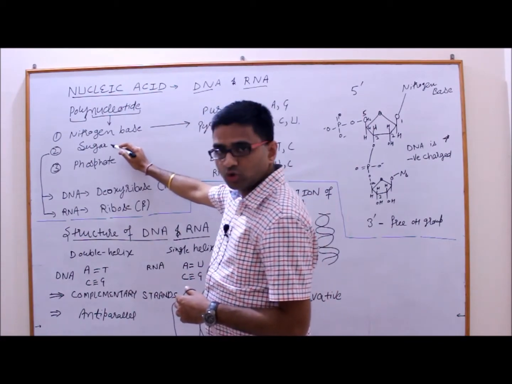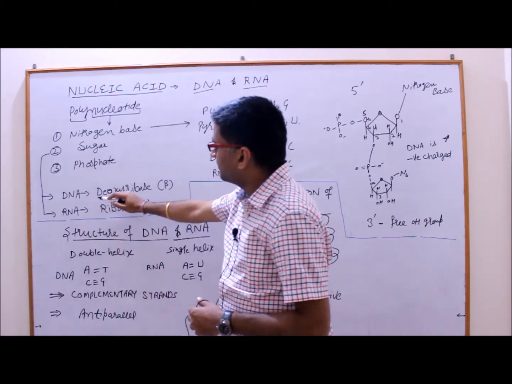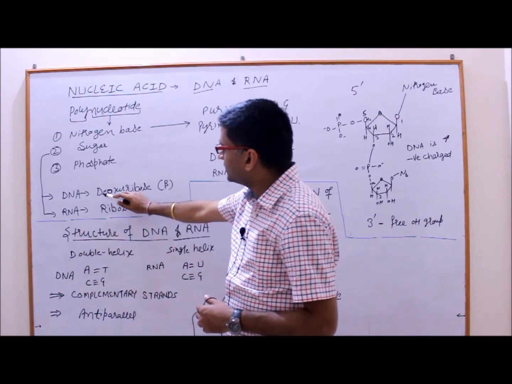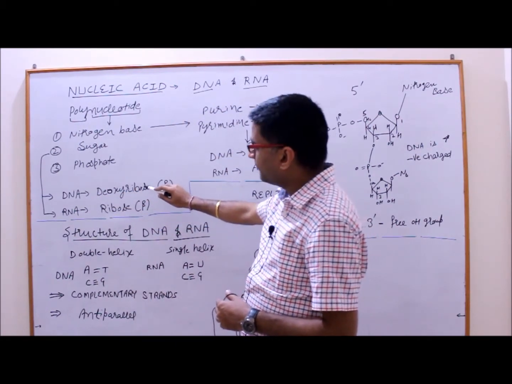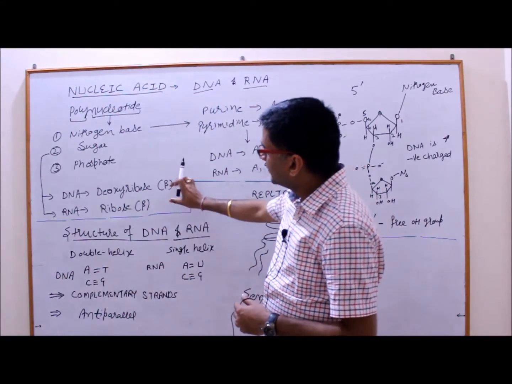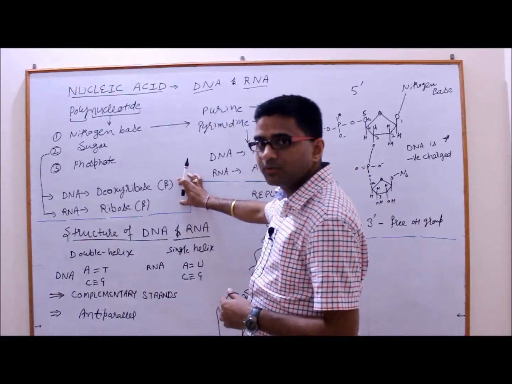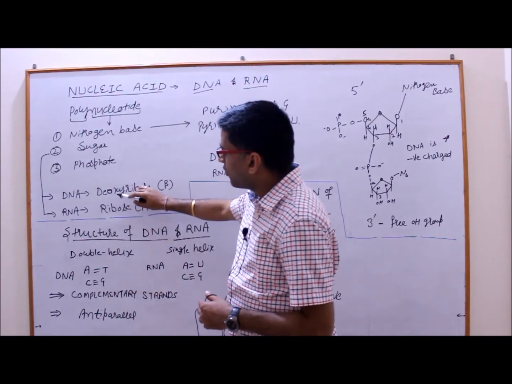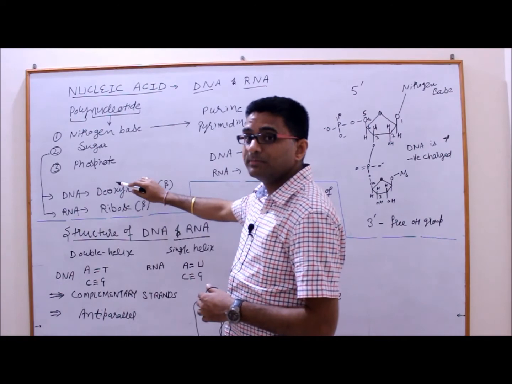Then we have sugar. Sugar is present in both DNA and RNA. In DNA it is deoxyribose sugar, and in RNA it is ribose sugar. So again this is one of the differences between DNA and RNA. Deoxy means removal of oxygen, so one oxygen is missing.